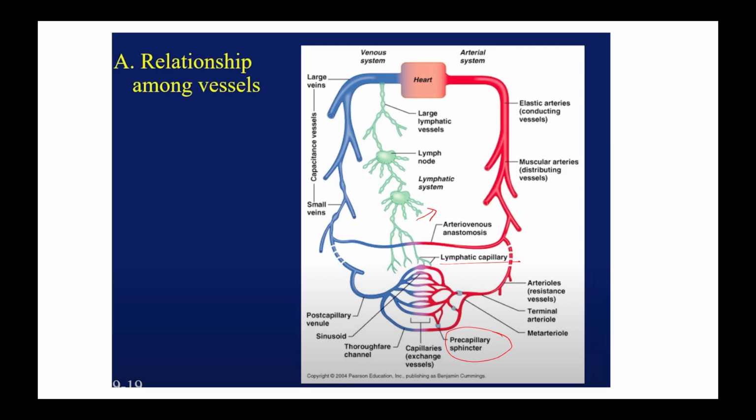Our cells are surrounded by extracellular fluid, and we discussed in the previous class that inside the cell there are certain chemicals or ions, and outside the cell, the extracellular fluid also has certain ions and proteins. So altogether, the lymphatic capillary forms the extracellular fluid.